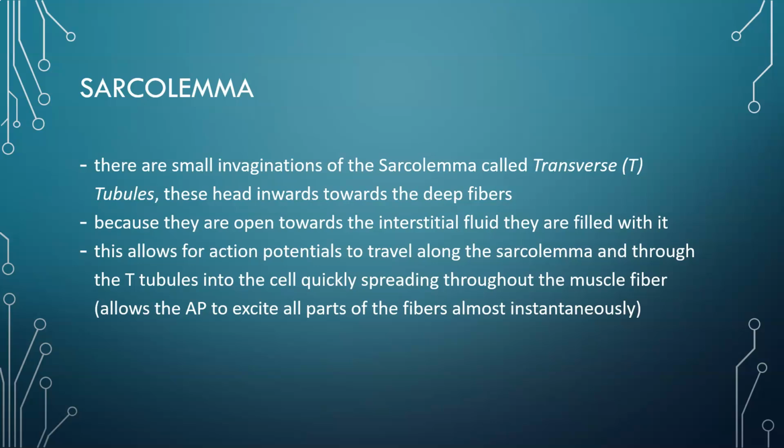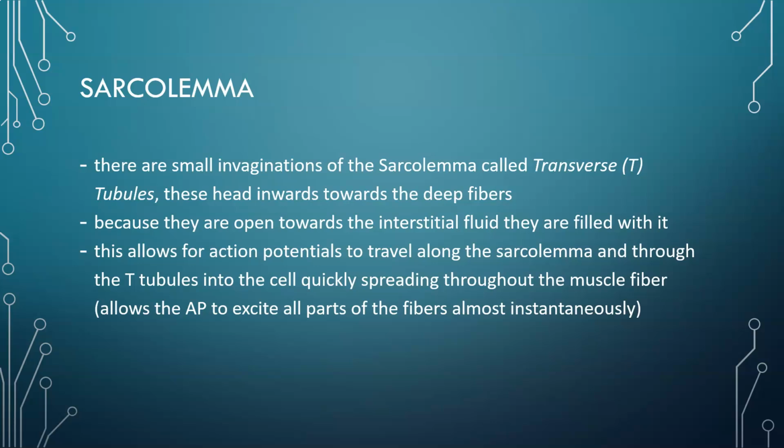And then as it comes to the T-tubule, that action potential travels down the T-tubule into the cell very quickly, which allows it to get very quickly into the workings of a muscle fiber so that you get a contraction.